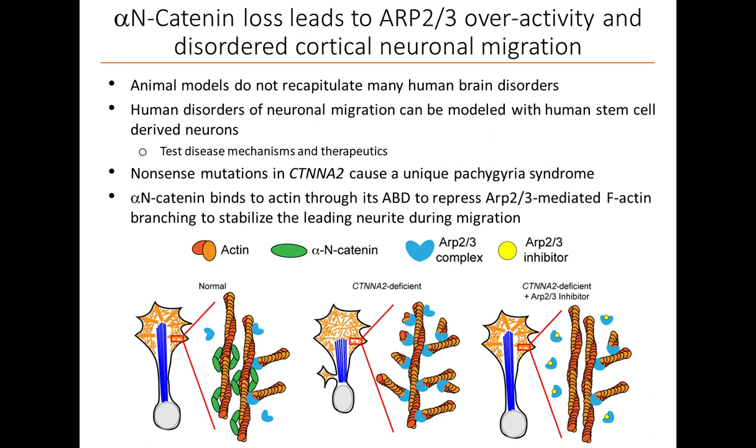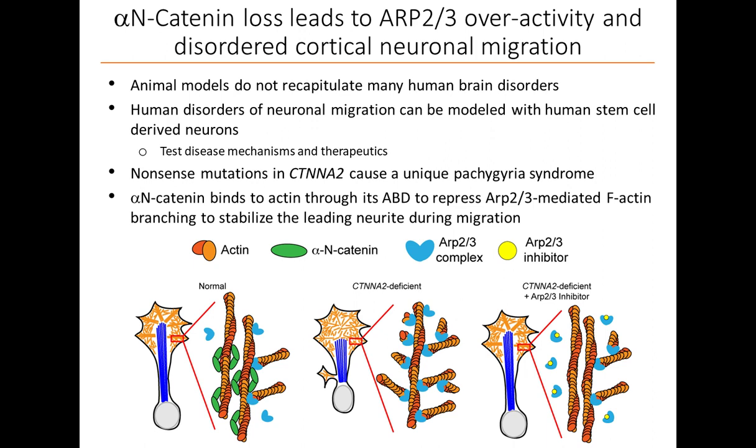We found that alpha-N-Catenin's main function in neural migration was to inhibit ARP2/3-mediated actin branching, without which leads to defective migration. We also showed that loss of alpha-N-Catenin did not affect neural epithelial cell polarity or impact Wnt signaling activity within the neurons.